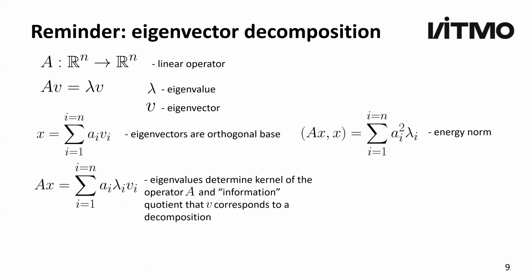So the more information it contains. So you could retain only a few eigenvectors, eigenmodes with large eigenvalues, and still retain a lot of information on your initial decomposed vector. So this idea is crucial for linear dimension reduction.